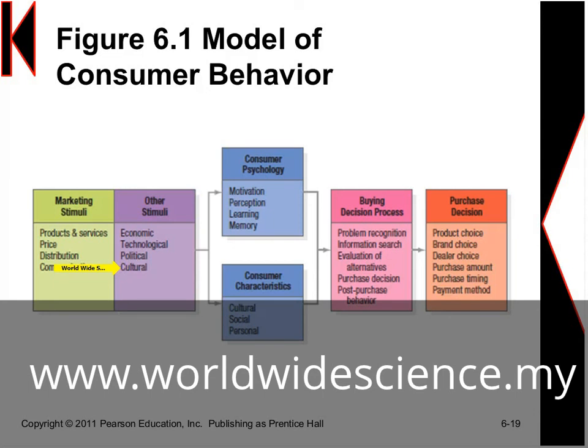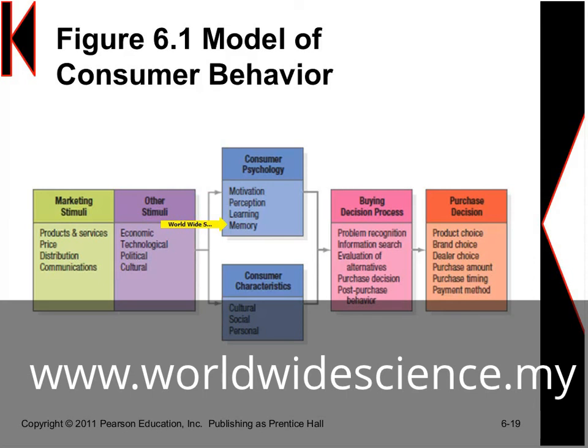Thank you so much. We have consumer psychology. What are motivation, perception, learning, and memory? There are some things that motivate the consumer, and what is the consumer's perception about our product, and what have they already learned, something the consumers learned already, and what about the memory.